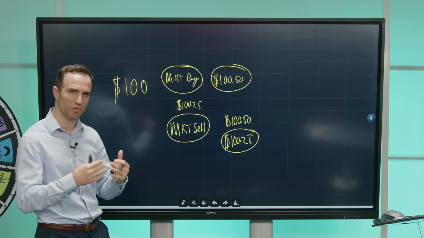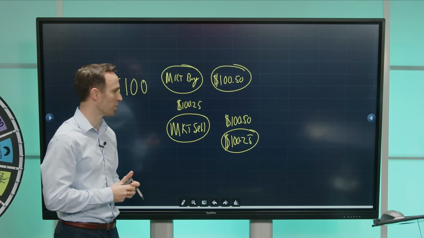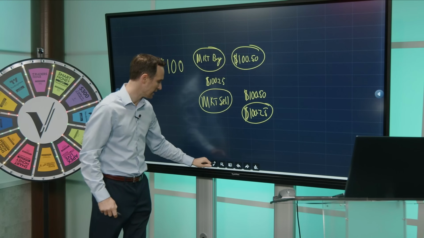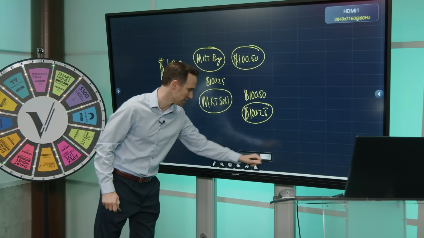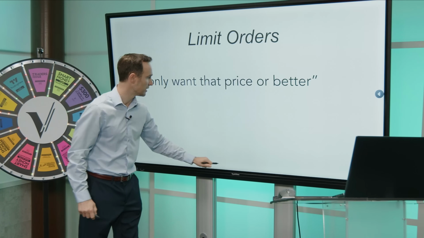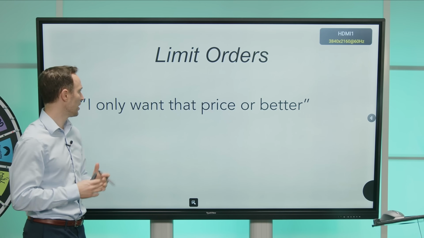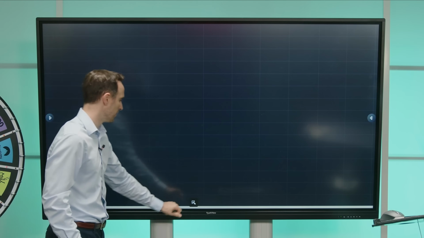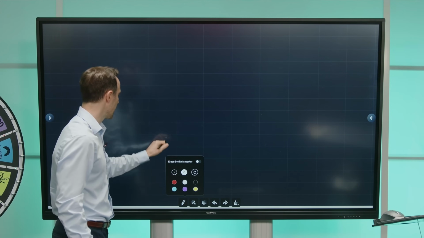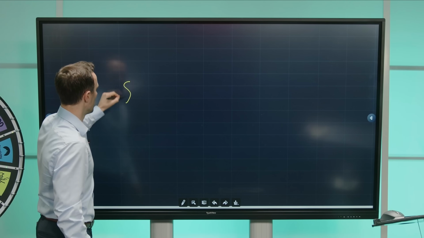So as we go through this, you're going to understand how this works and why this matters in the next couple slides. So let's erase this and go to the next slide here. So limit orders, right? I only want this price or better, right? So what does that mean? Let's say that, again, the stock is at $100.